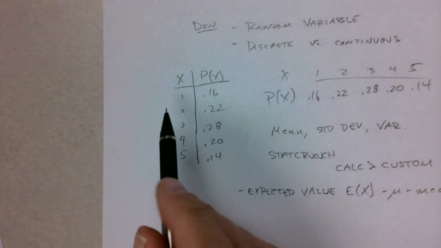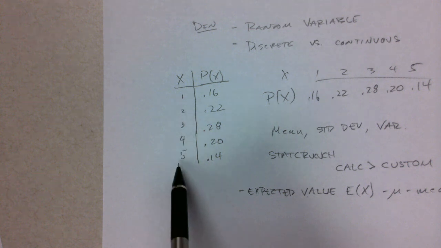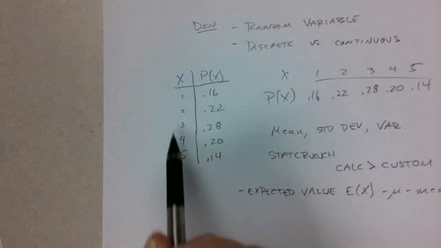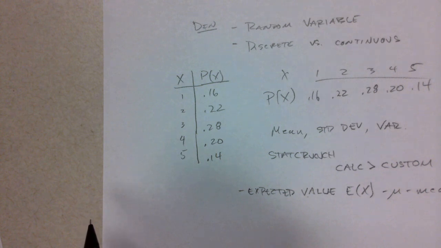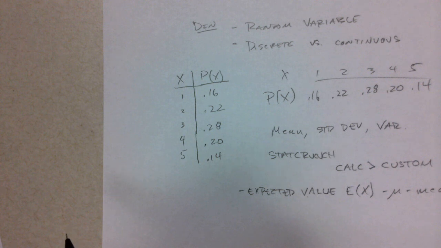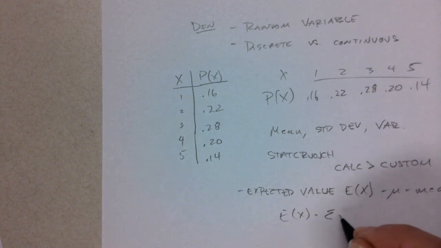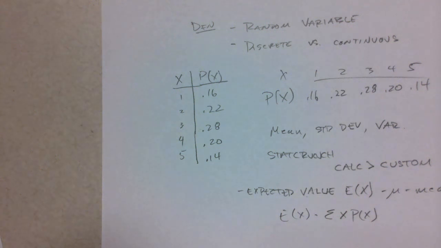Okay, and so I would hope that you remember the difference between this expected value and mean from a random variable as opposed to just a data set of numbers. Remember that? The reason I can't just add all these up and divide by 5 to get the mean is because the 3 happens more frequently than the 1. And so I need a weighted mean, right? The expected value for a discrete distribution is the sum of the random variable times the probability of that random variable.